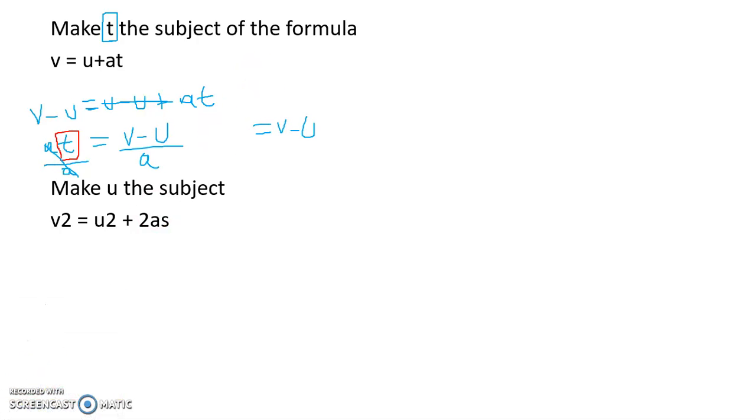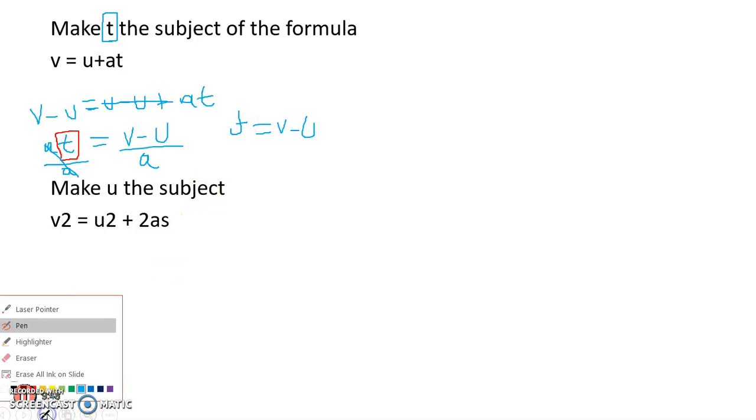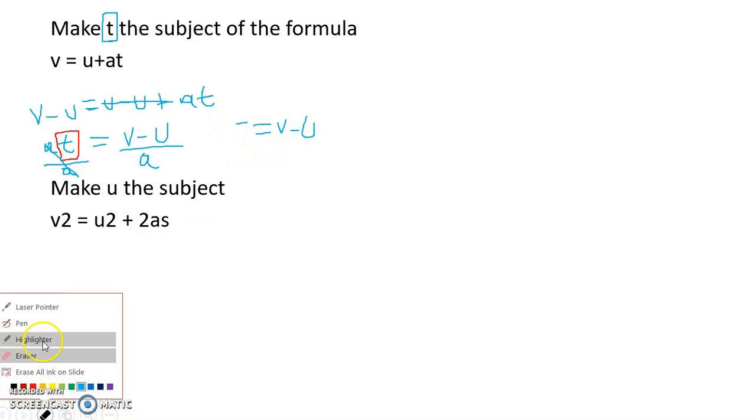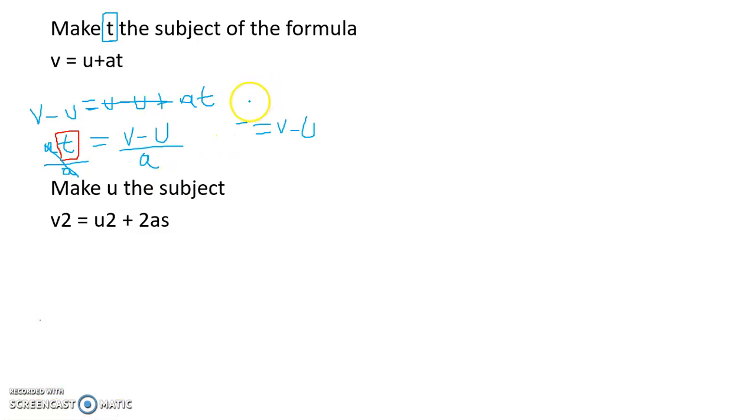So this is T. Let me not get fancy with my T. So this is T equal to V minus U over A.